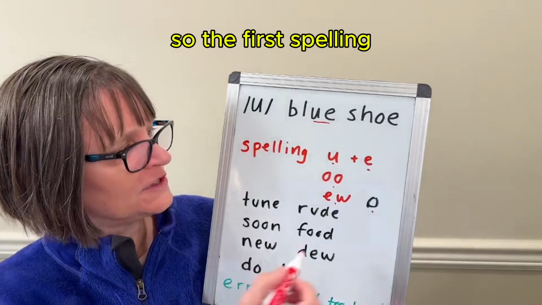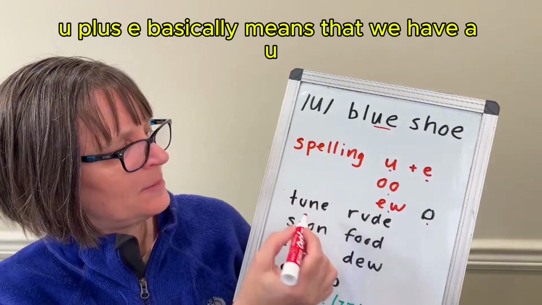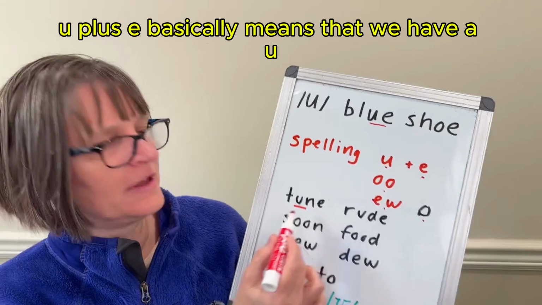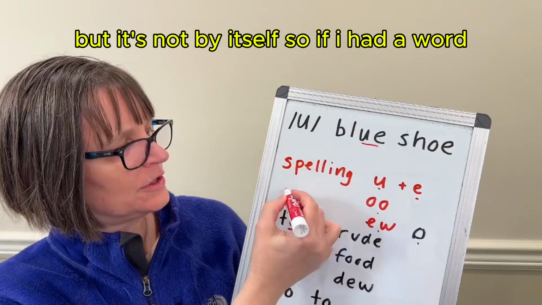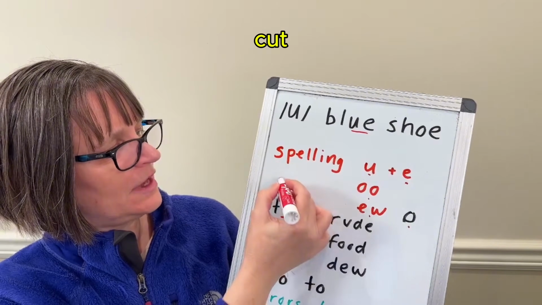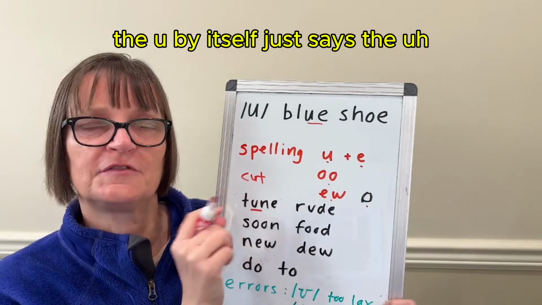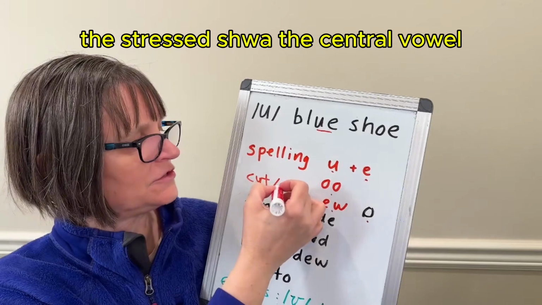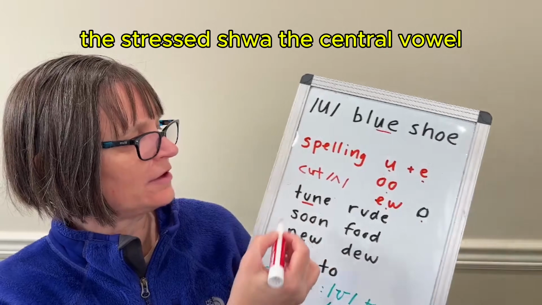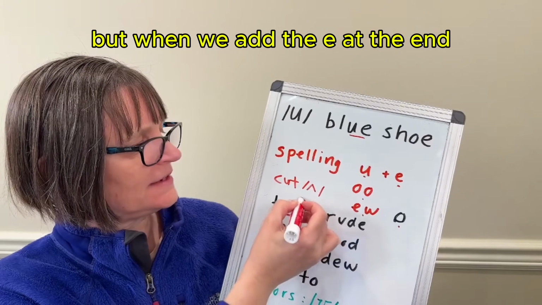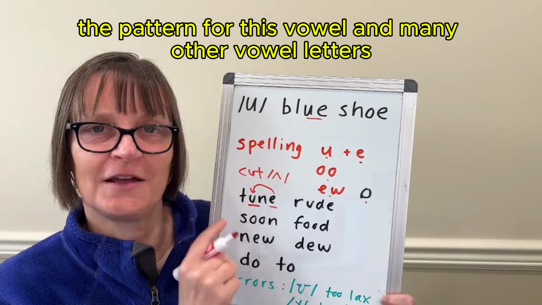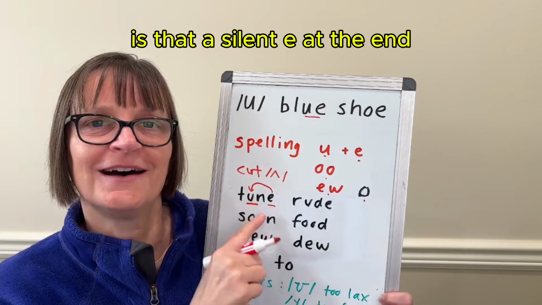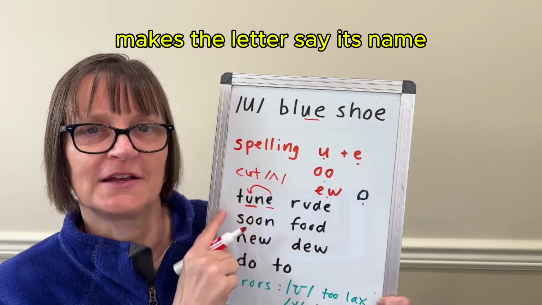So the first spelling, U plus E, basically means that we have a U, but it's not by itself. So if I had a word, for example, cut, the U by itself just says the stressed schwa, the central vowel. But when we add the E at the end, the pattern for this vowel and many other vowel letters is that a silent E at the end makes the letter say its name.